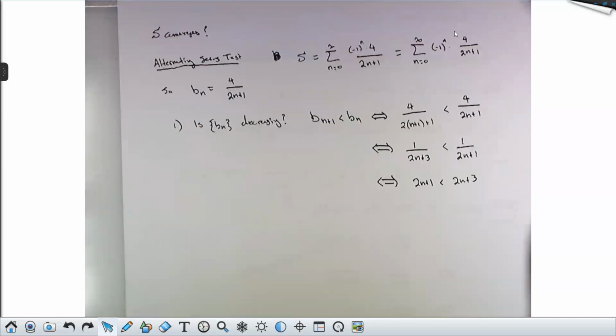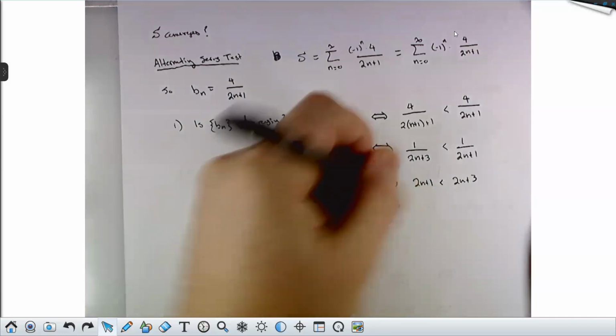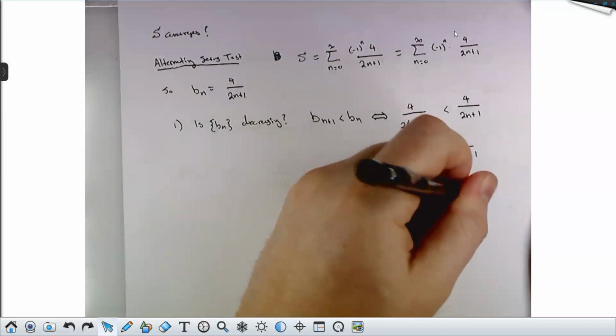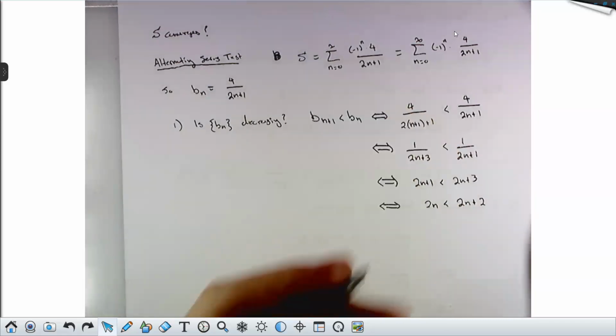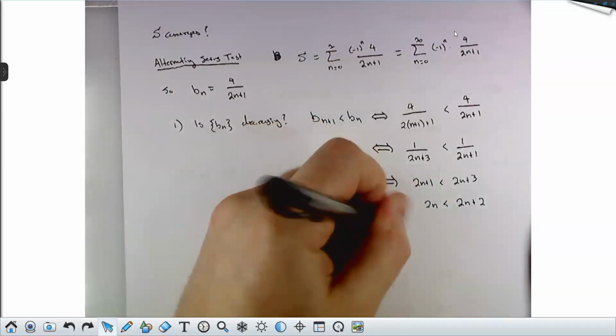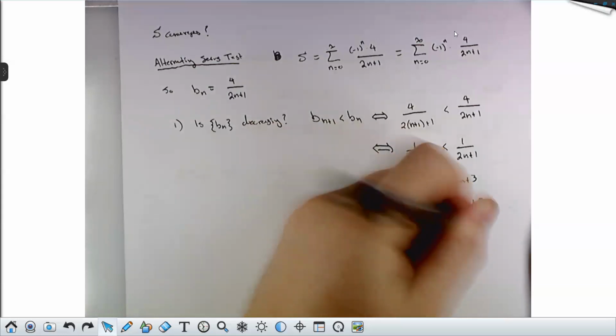You could subtract 1 from both sides. Hopefully this is evident at this point, but you have 2n is less than 2n plus 2. And then you could divide both sides by 2. You get n is less than n plus 1.